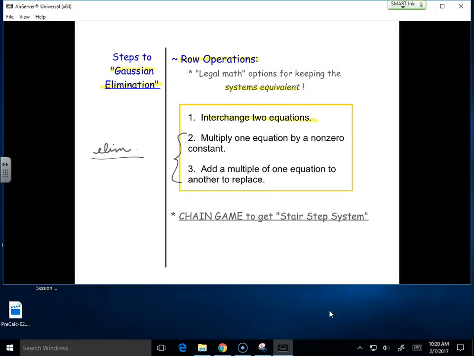We're basically doing elimination, but we're doing elimination with X terms in two pairs of equations, and then Y terms in the remaining pair.